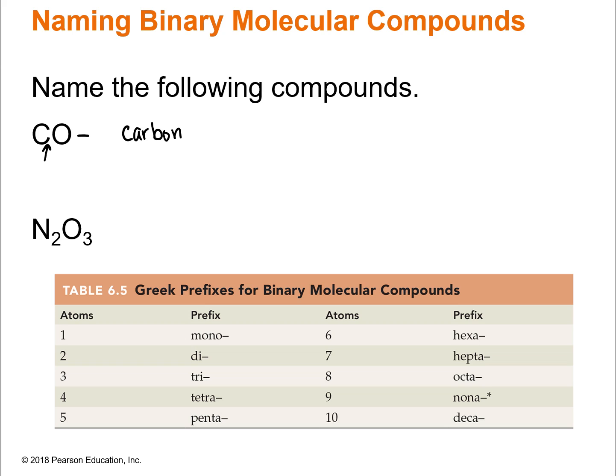The next element is oxygen. And you're supposed to take the element name, just like naming the monoatomic anions. It's the same exact thing here. You use the first syllable and add IDE.